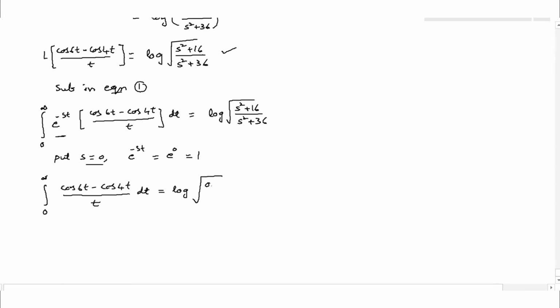You will be getting 0 plus 16 divided by 0 plus 36, which will be nothing but log of square root of 16 by 36. Further, if you simplify this, you will be getting log of root of 16 will be 4 and root of 36 will be 6. So cancel out that value, 2 times and 2 3 times. So you are left with log of 2 by 3. That's the required solution. Let us move on to the next question.